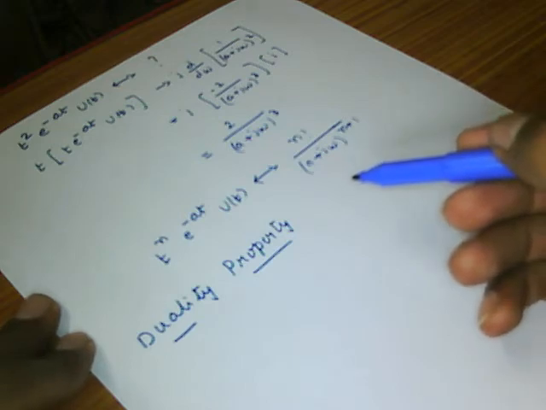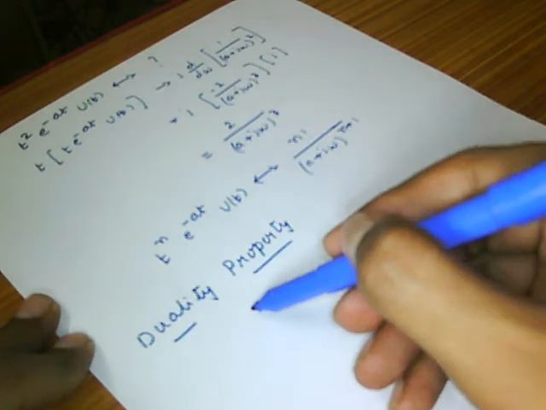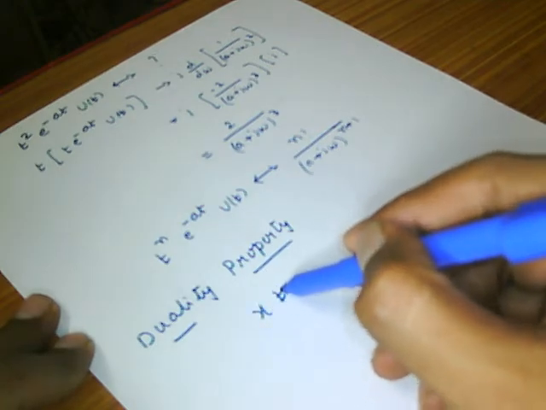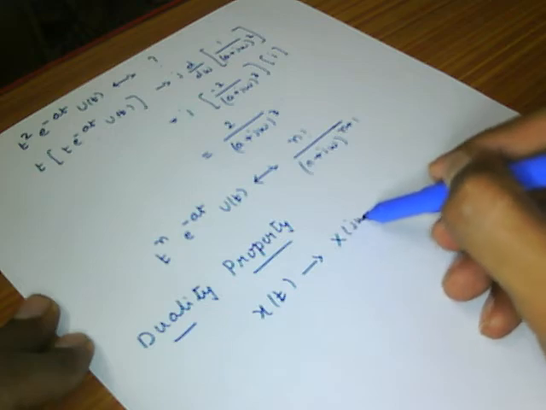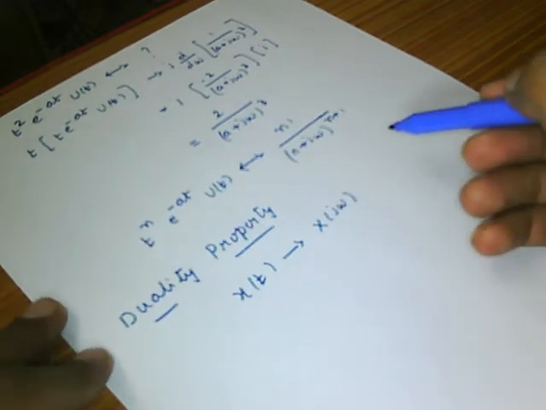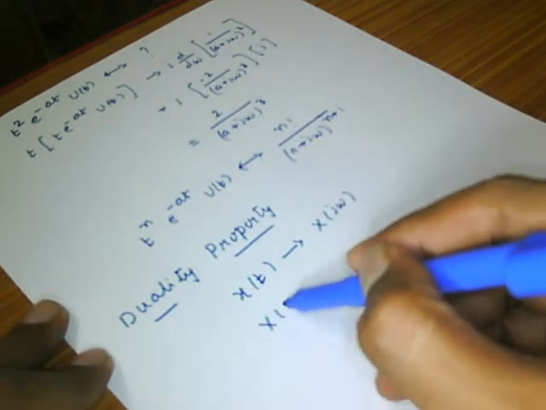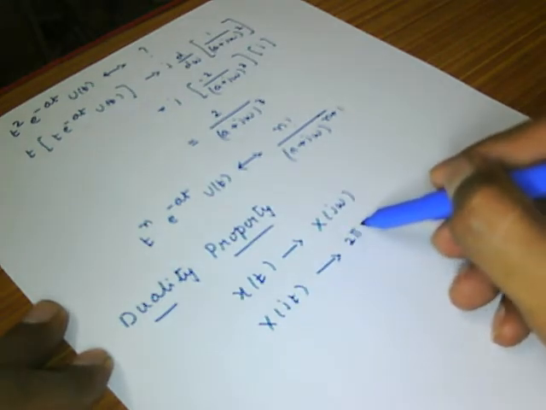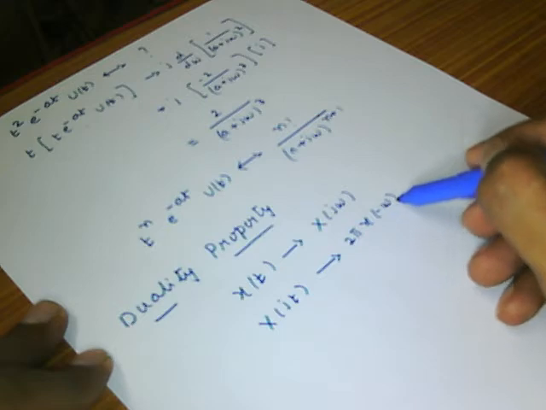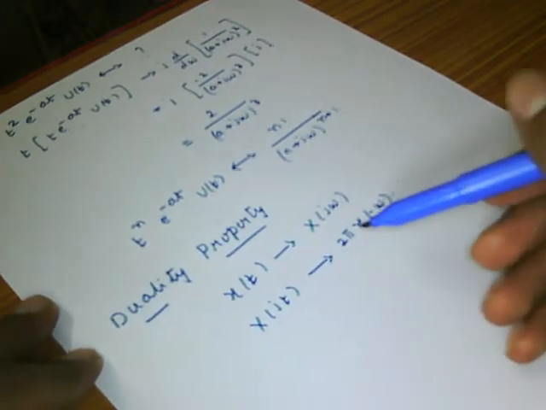Okay, so what does it say? It says that if x of t has x of j omega as the Fourier transform, then x of jt has 2 pi into x of minus omega as the Fourier transform.